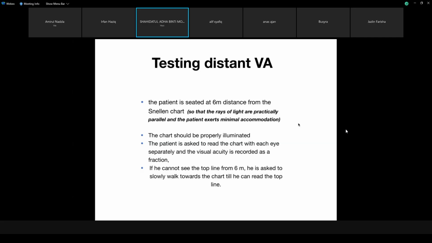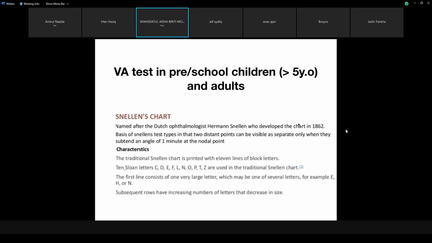If they can see, then we will ask further down, to the smaller letters. But what happens if the patient cannot see the top line from 6 meter? We will ask the patient to slowly walk 1 meter at one time. I will explain later after this.